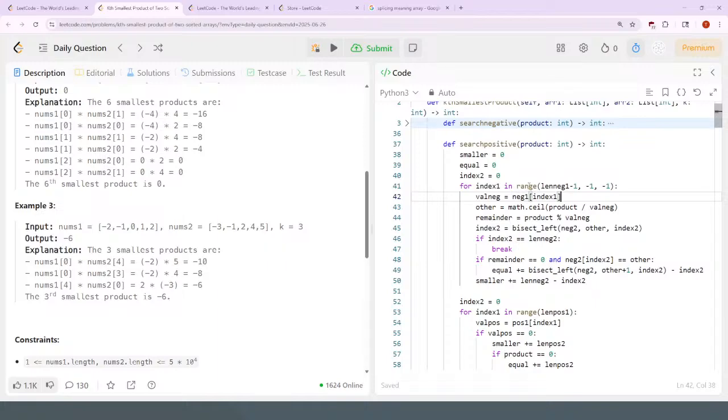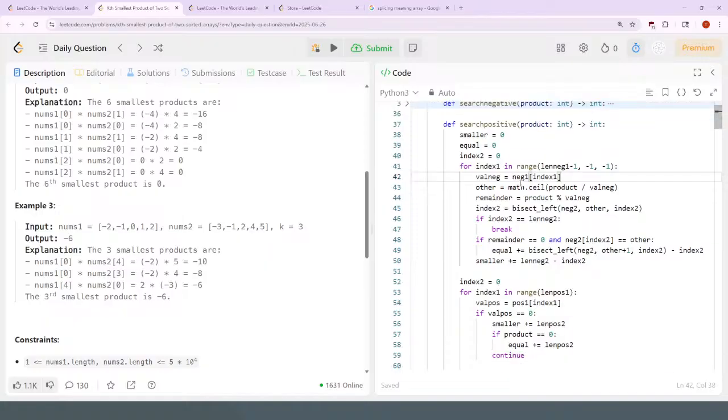The smaller values are going to be based on a small negative number, like -1, -2, -3, multiplying with some negative value from the other side.